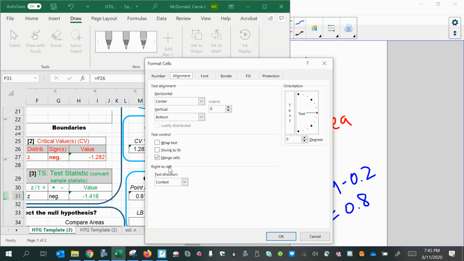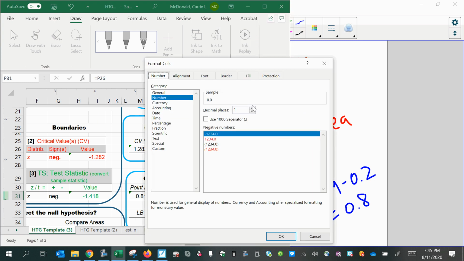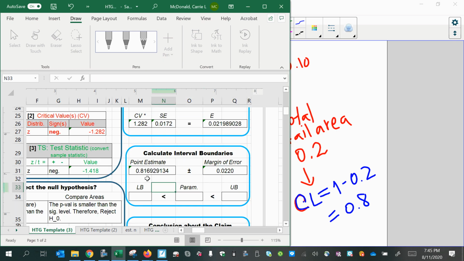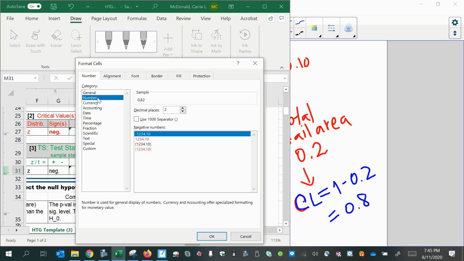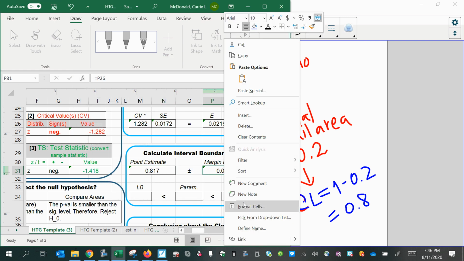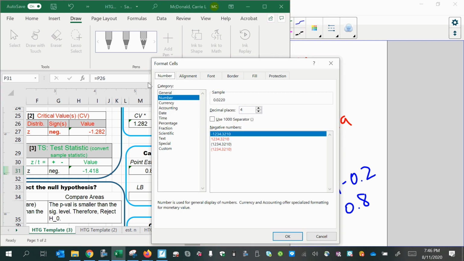Let's put some more on there. And let's go ahead and do the round off rule for proportions, which is 3 significant digits. So I'm going to go ahead and round this to 3 places, and also we'll do that for this one as well.